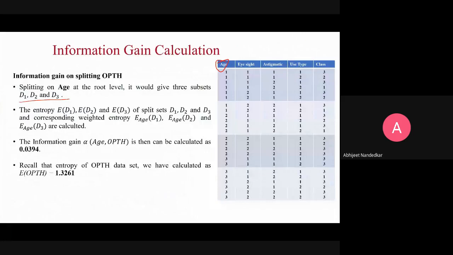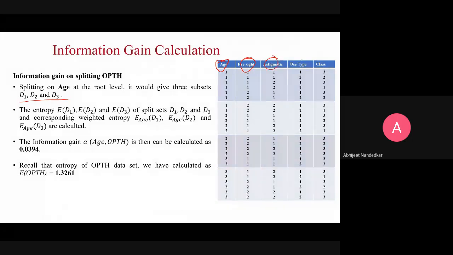Now the entropy of D1, D2, D3 of the split data sets we need to calculate, and then we find out the corresponding weighted entropy, and then we will see whether this is a suitable choice or not based on the entropies of the other features.